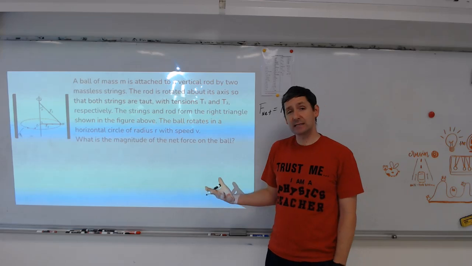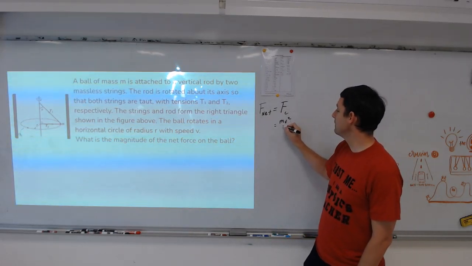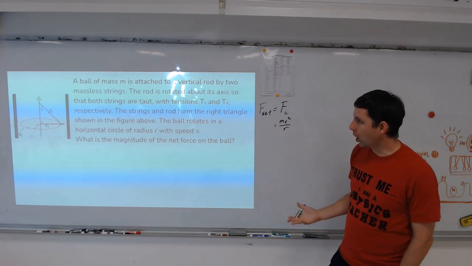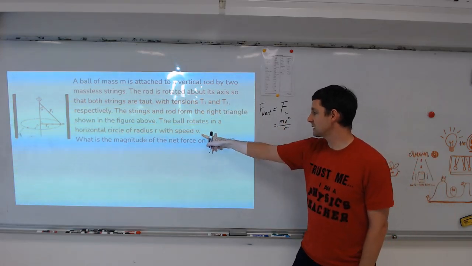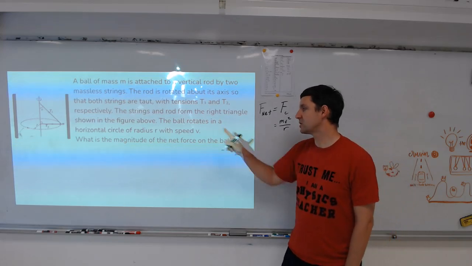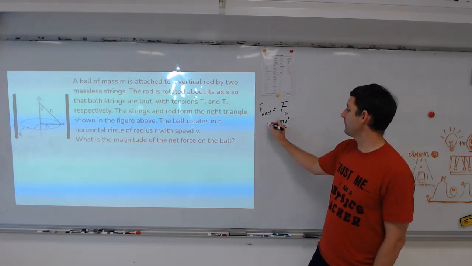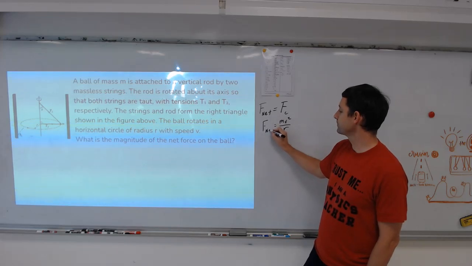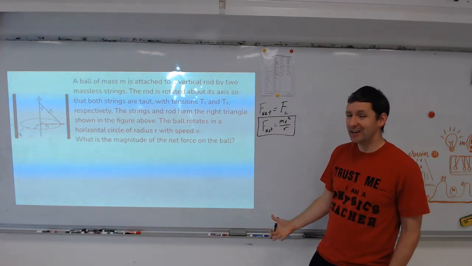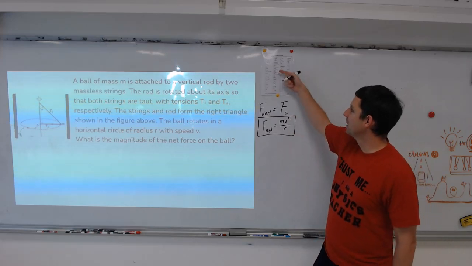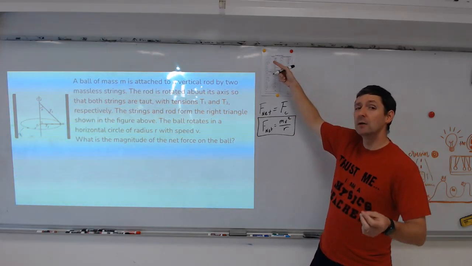But that's not necessary here because we know that the centripetal force is mv squared over r, right? They give us the mass m, the speed v, and the radius r. Therefore, what is the magnitude of the net force? Well, y'all, it is mv squared over r. In case you didn't remember, the centripetal acceleration is v squared over r.